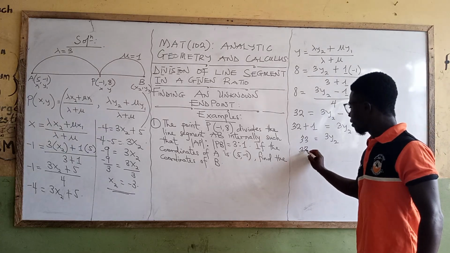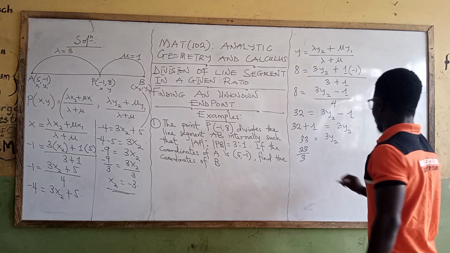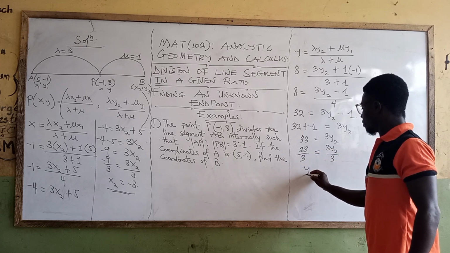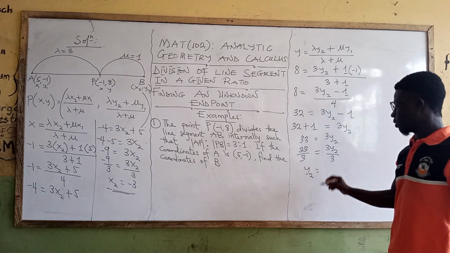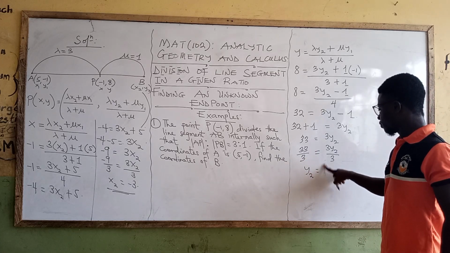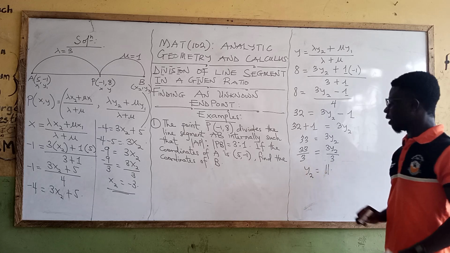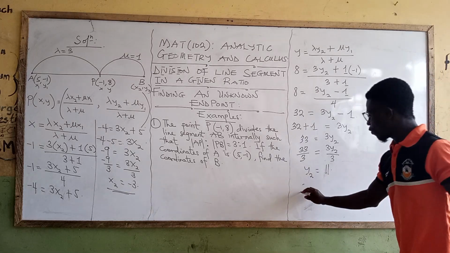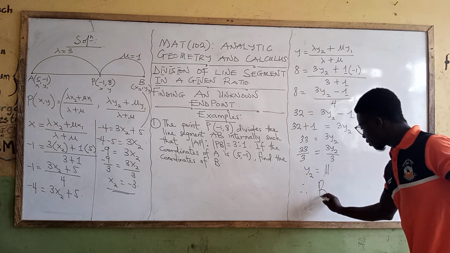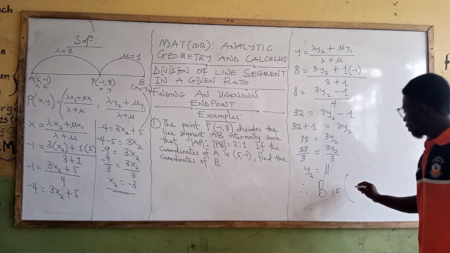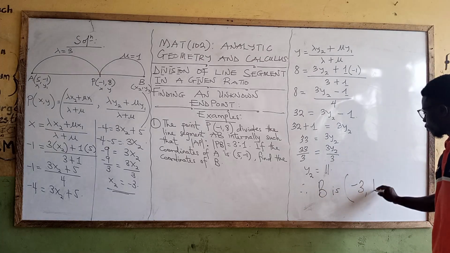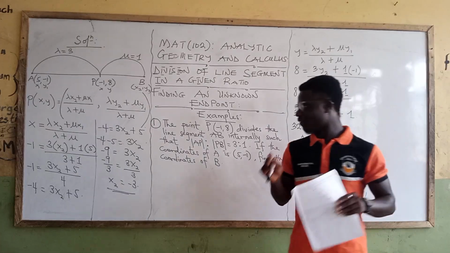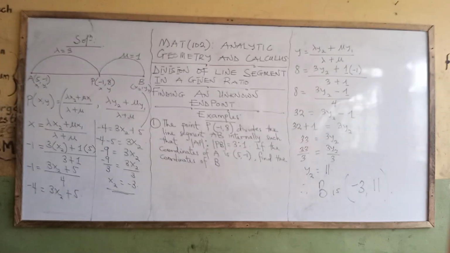So I get 33 divided by 3 equals 3y2 divided by 3. So I get my y2 equals 3 goes into 33, which is 11. So we can say that, therefore, the coordinates of B: our x2 is -3, then our y2 is 11. Which is very simple and very trivial as well.